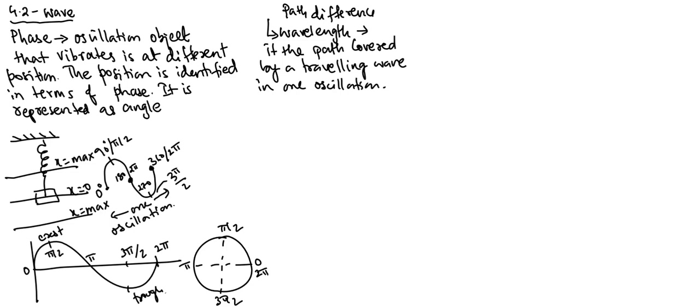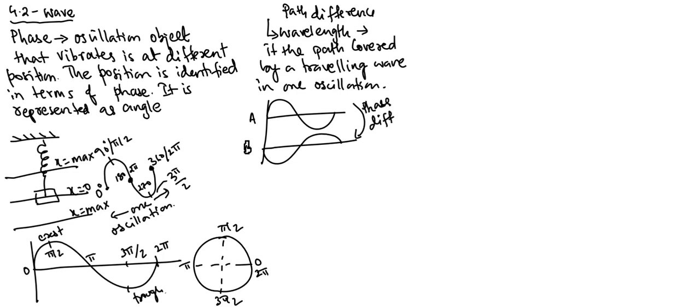Now if I have two waves, for example, one which starts like this and one like this, I have to discuss between both what is the phase difference. So this is A, this is B.